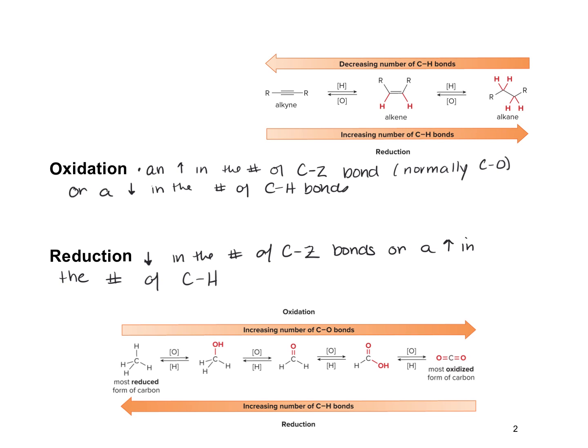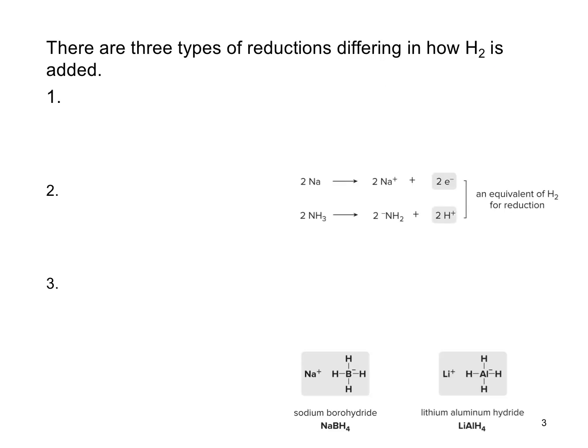Now, we're going to talk about three different types of reduction reactions in this screencast. The simplest reduction reaction that we find is using H2, right? Just hydrogen. These are generally carried out with a metal catalyst.